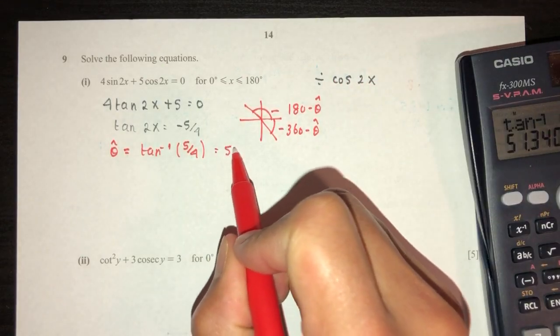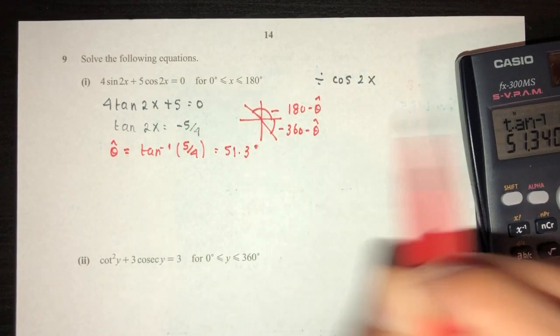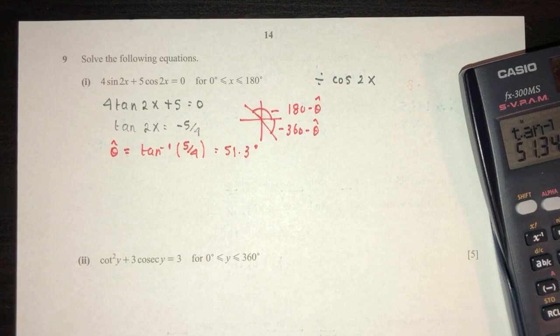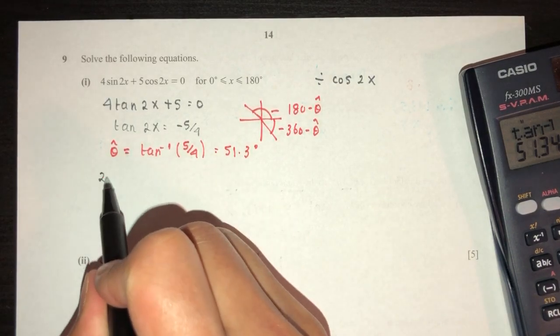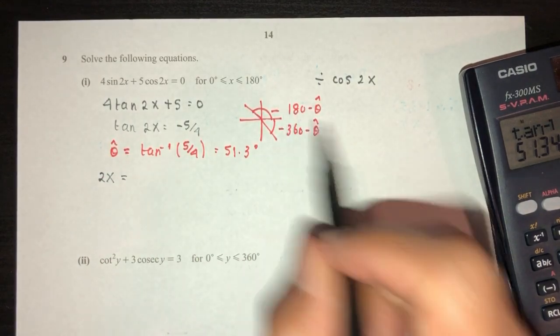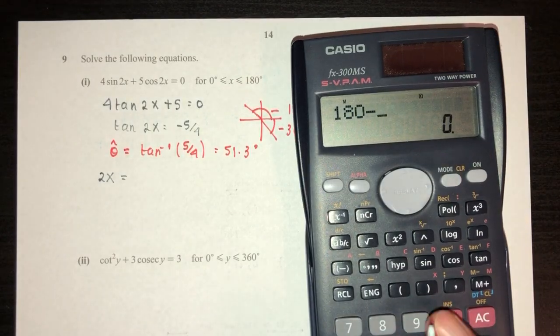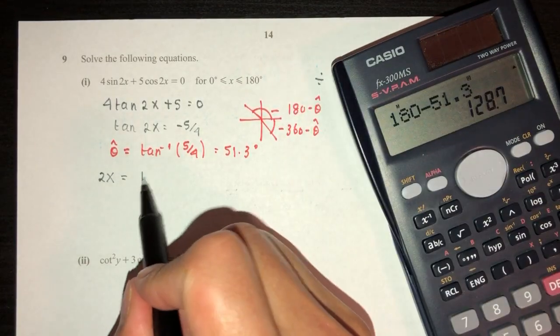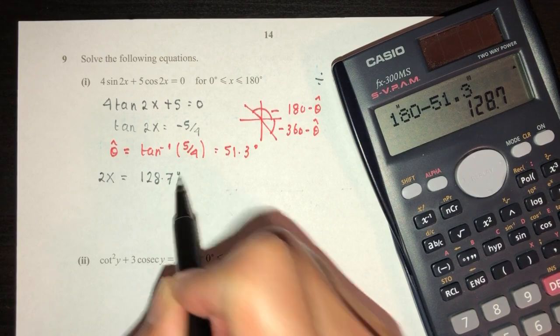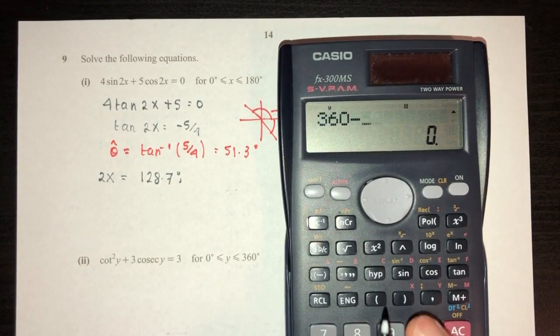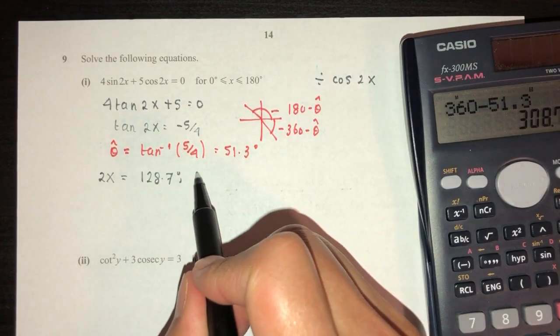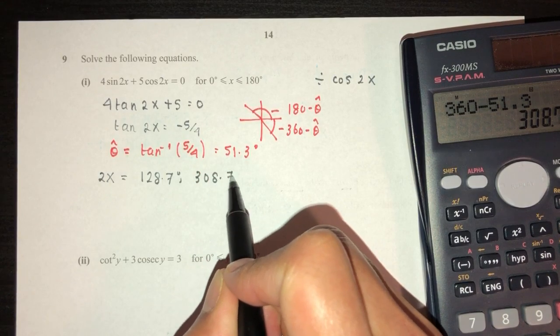So 51.3 degrees. Now from this, you have to find the value of 2x. So 2x has to be according to your quadrants. First one is 180 minus 51.3, that will be 128.7, and then 360 minus 51.3, that will be 308.7.